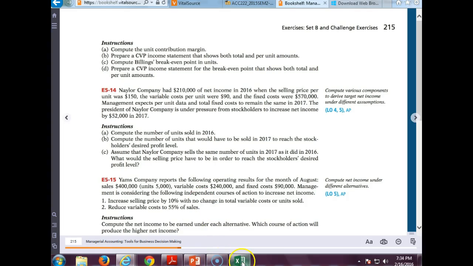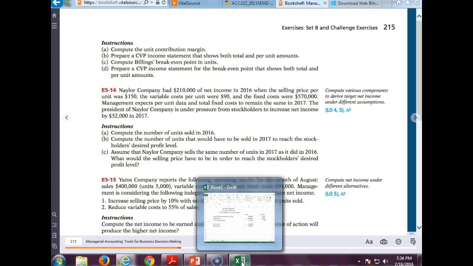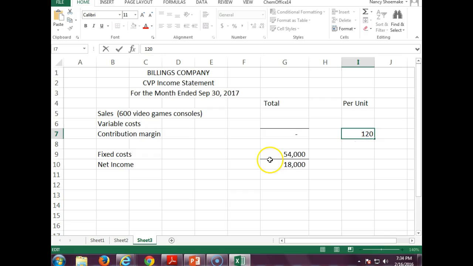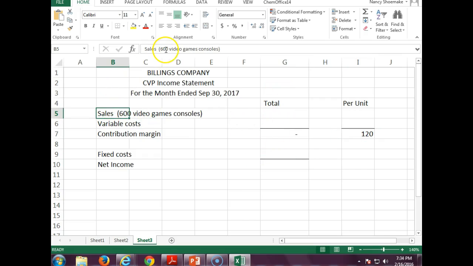Okay? So, we know the break-even is 450. So we're going to use the same format to calculate based on 450 units. Okay? So, if we do this for 450 game consoles, how much is our total cost?